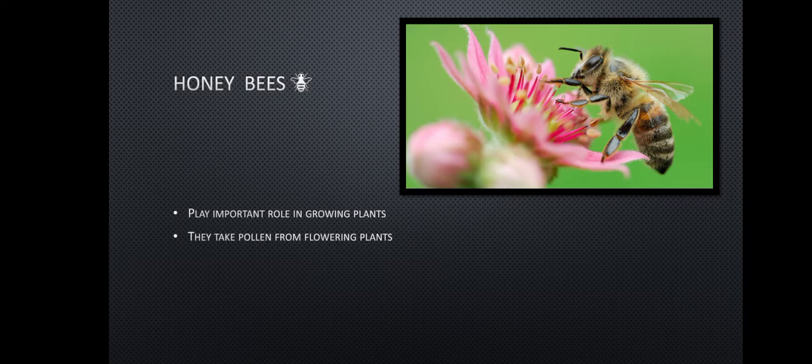They take the pollen grains from flowering plants and help them to grow at different places. These pollen grains are stuck to their legs, and whenever they fly, these seeds fall down on the ground and become new plants.